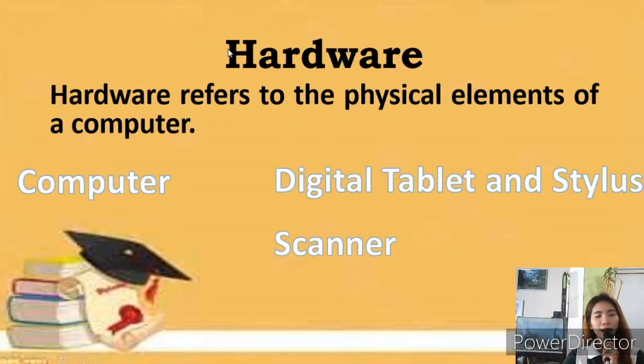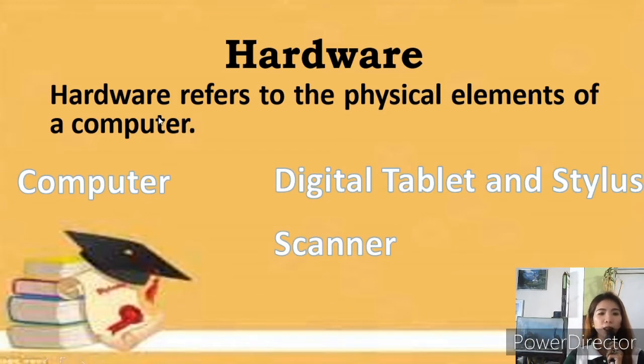So, let us discuss first about hardware. So, hardware refers to the physical elements of a computer. What do we mean by that? Okay, so when we say hardware, these are the physical parts of the computer that you can touch and you can see. Ito yung mga nakikita mo at nahahawakan mo, okay, sa isang computer.